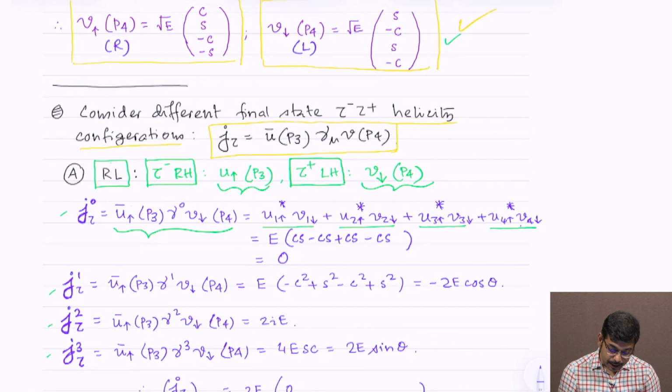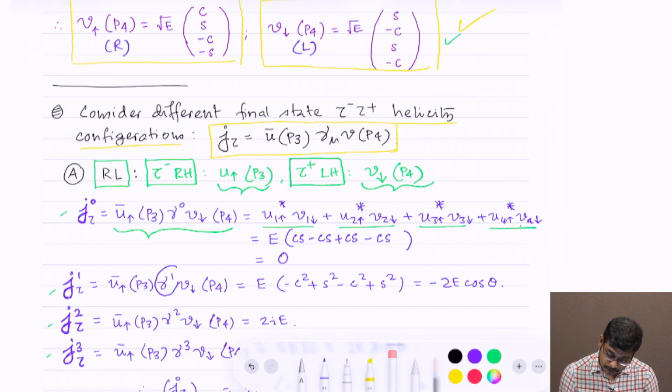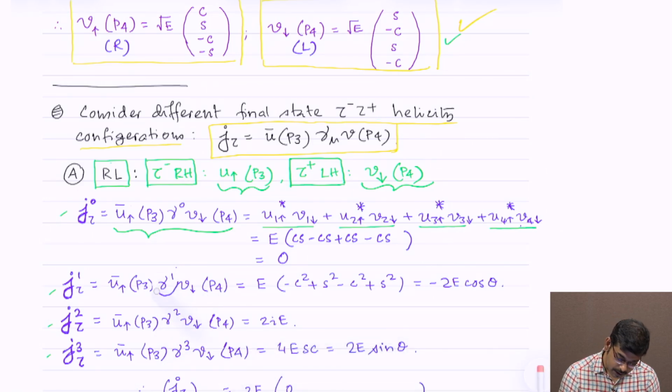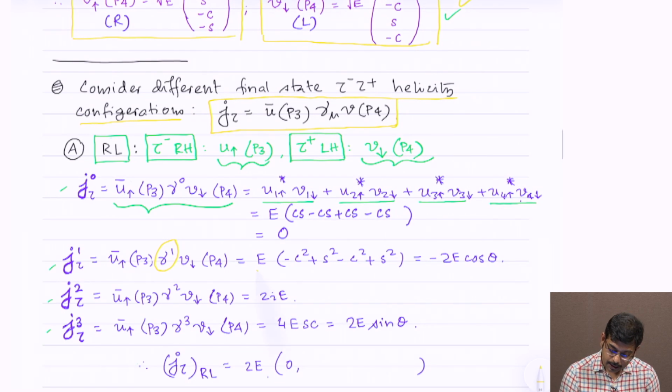Now, you can similarly calculate the J tau 1 component, which is U bar up P3 gamma 1 V down P4. If you multiply, this is E into minus C square plus S square minus C square plus S square, and that is nothing but minus 2E cos theta.